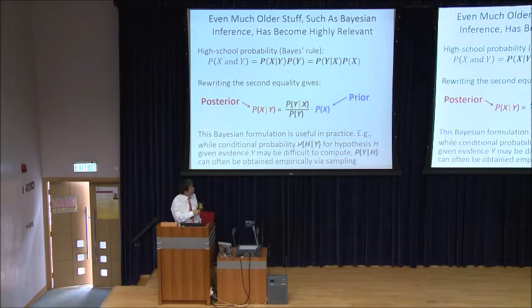But computing this could be very difficult. Instead, you can flip x and y around. Now x is on the right. You can compute the probability of y given the hypothesis, because given a hypothesis, you can sample under that hypothesis. So suddenly I can compute this.